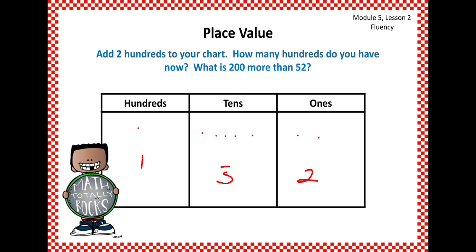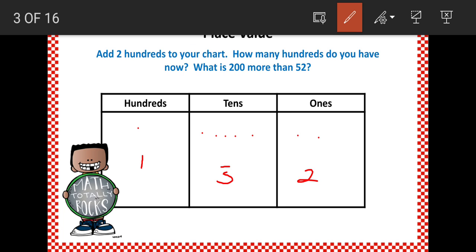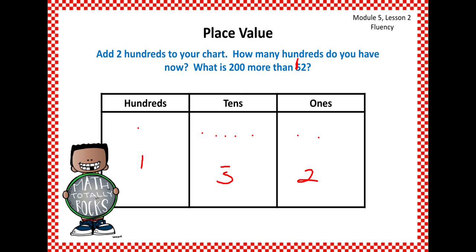Now let's add 200 to your chart. How many hundreds do you have now? What is 200 more than 152? Let's add 2 hundreds to this number we already have.